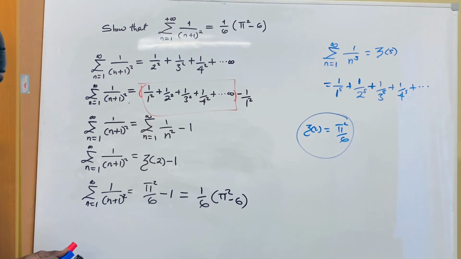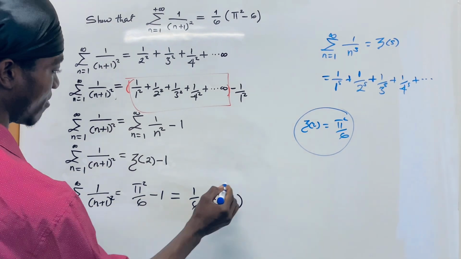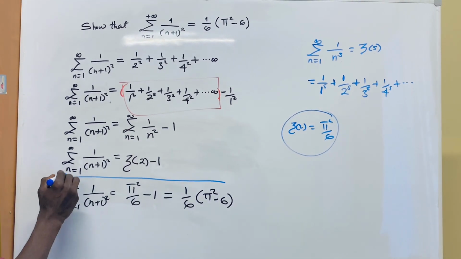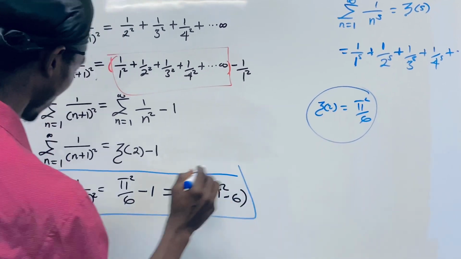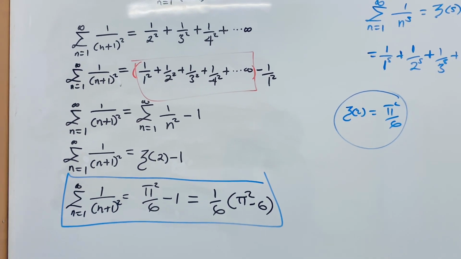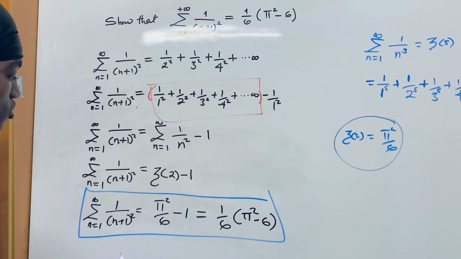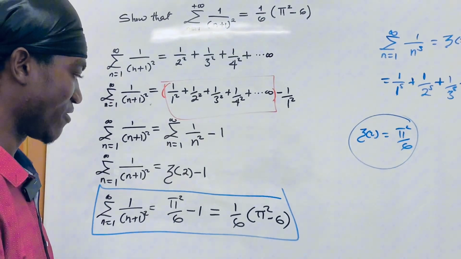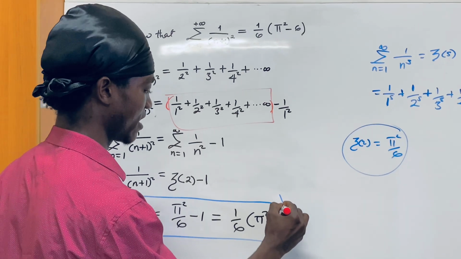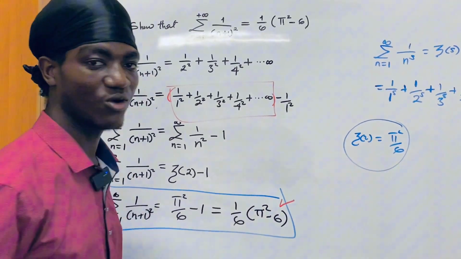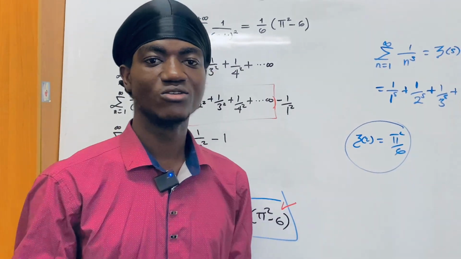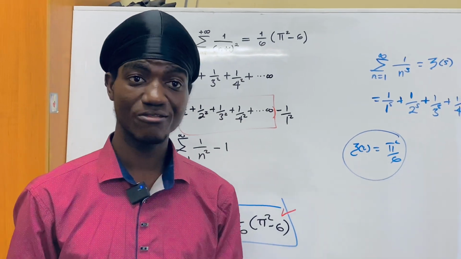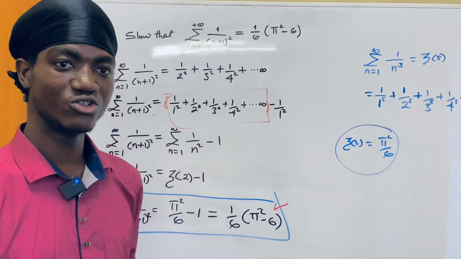So therefore, ladies and gentlemen, fellow mathematicians, we have proven that the sum from n equals 1 to infinity of 1 over (n plus 1) squared is equal to 1 over 6 times (pi squared minus 6).